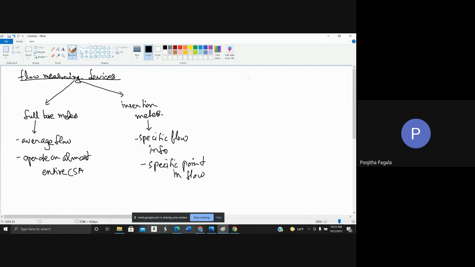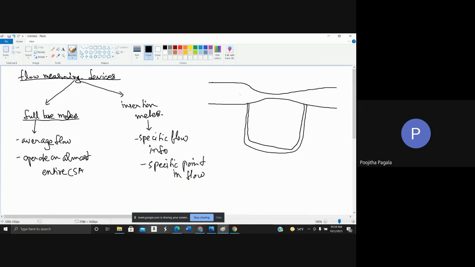Now let us understand these with two examples. The examples of full bore meters are Venturi meter, orifice meter, rotameters. They operate on the entire flow. For example, if you have a Venturi meter, which is usually this way, and you have a manometer connected from this end to this end, and the flow is in this direction.